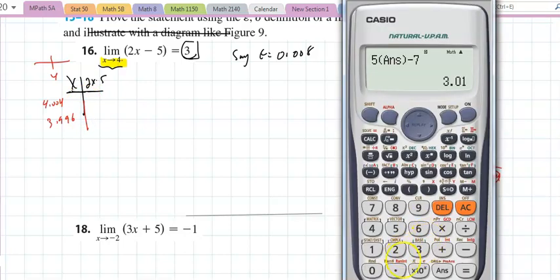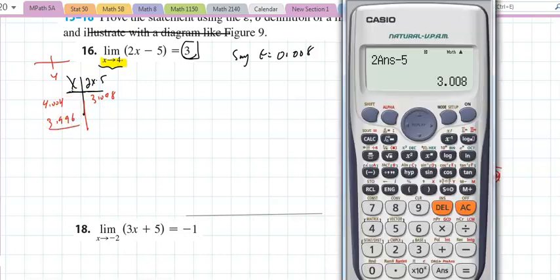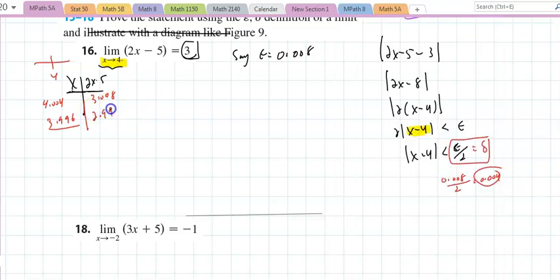If I take 4.004, enter. If I take twice the answer minus 5, I will get 3.008. And if I go below, if I go in and say 3.996, and if I take twice that minus 5, I get 2.992.